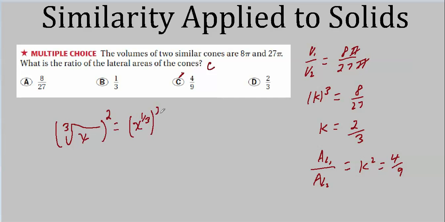And you square that, and you get x to the 2/3, which is the cube root squared. It's exactly what you're looking for here.